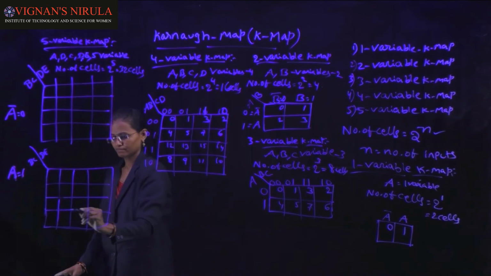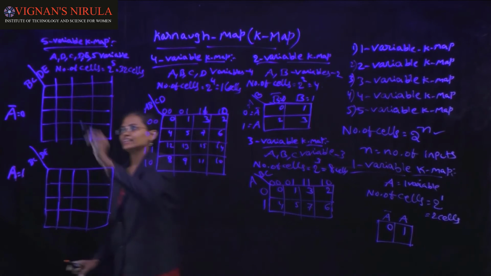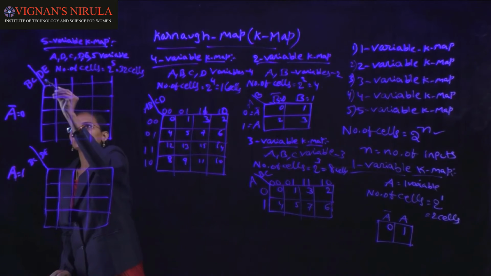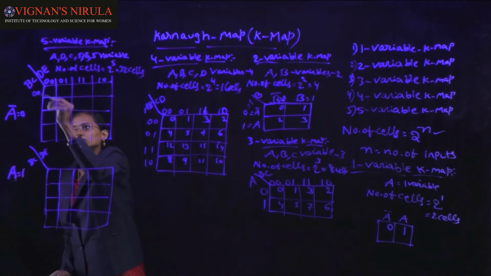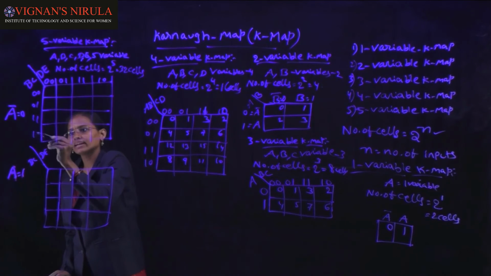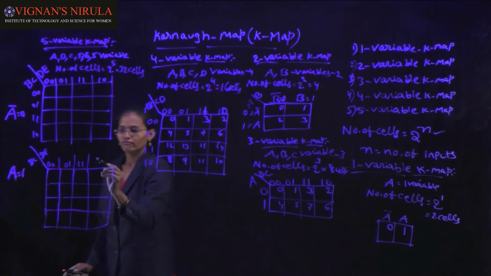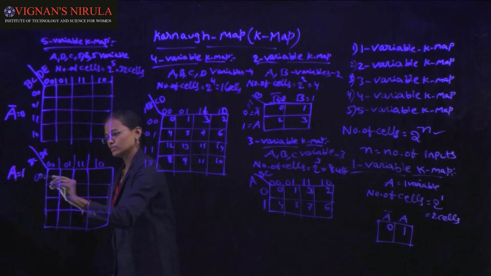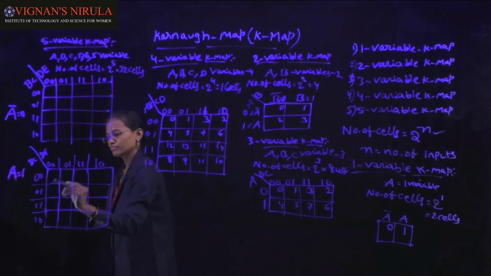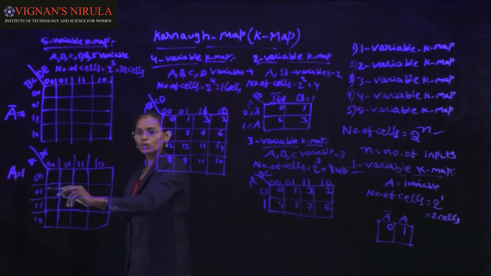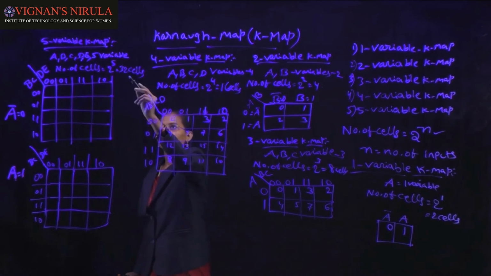Okay, 16 cell structure. And here this is the gray code indication 0 0, 0 1, 1 1, 1 0. And this is 0 0, 0 1, 1 1, 1 0. And this one also 0 0, 0 1, 1 1, 1 0. And this is 0 0, 0 1, 1 1, 1 0. Okay, this is A equal to 1, 16 cells, and this is the A bar structure. 16 plus 16, finally 32 cells.